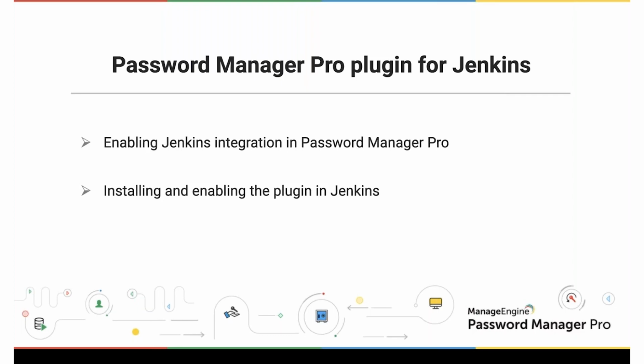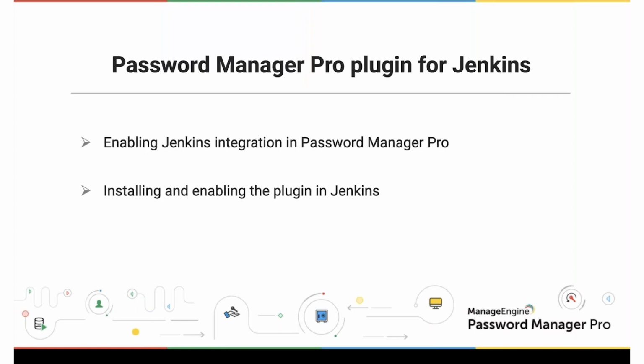Execution of these jobs more often than not require user credentials and similar sensitive information like privileged passwords, API keys, and access tokens to interface with other systems and services. In most DevOps environments, such credentials are stored within plain text files in Jenkins service, which can lead to security and management issues, right?